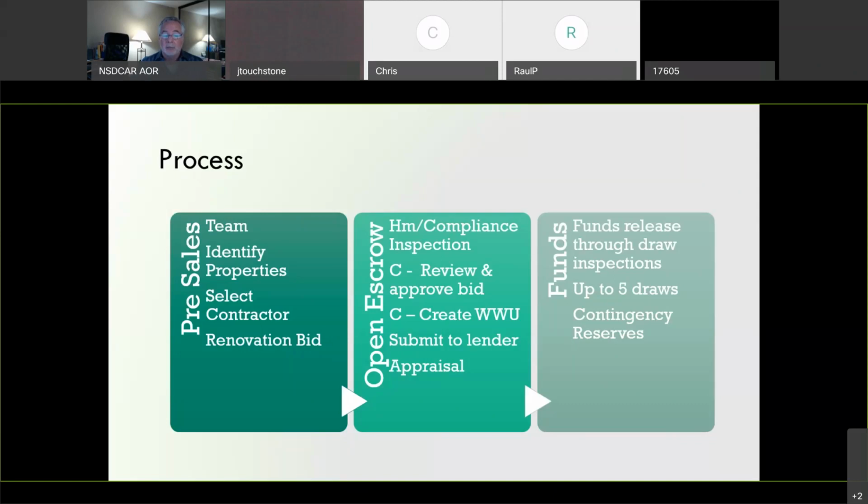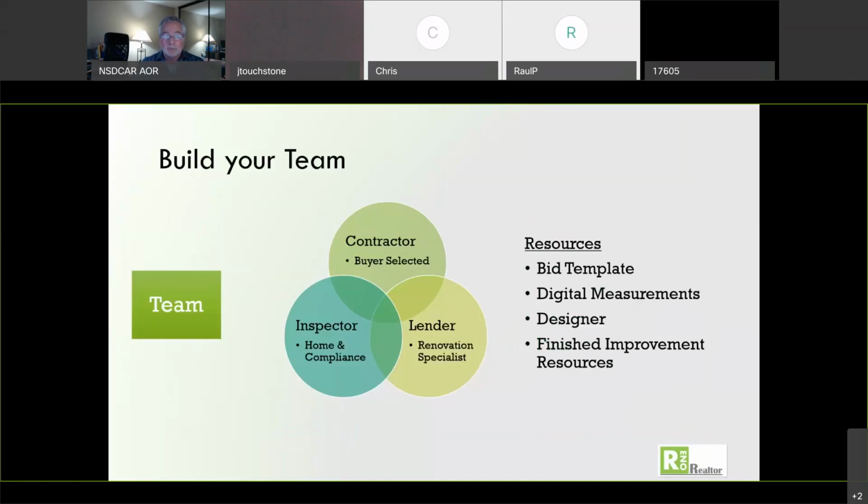Ideally, we'd like to have some preliminary plans put together before we even open up escrow. So when we build a team, we obviously need to have a HUD consultant involved early on in the process. The contractor, need to get them on board, and then have your lender. So you really want to have this team in place before you start making offers in the marketplace.